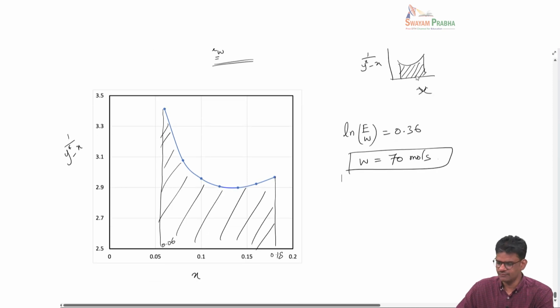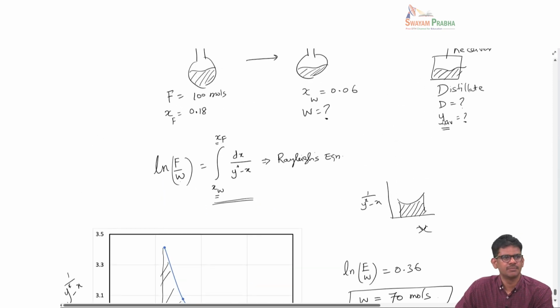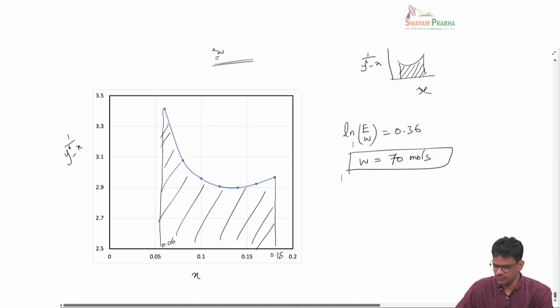Okay. So to find out the average mole fraction of the distillate, we apply the mass balance. So F times XF must be equal to W times XW plus D times Y average.